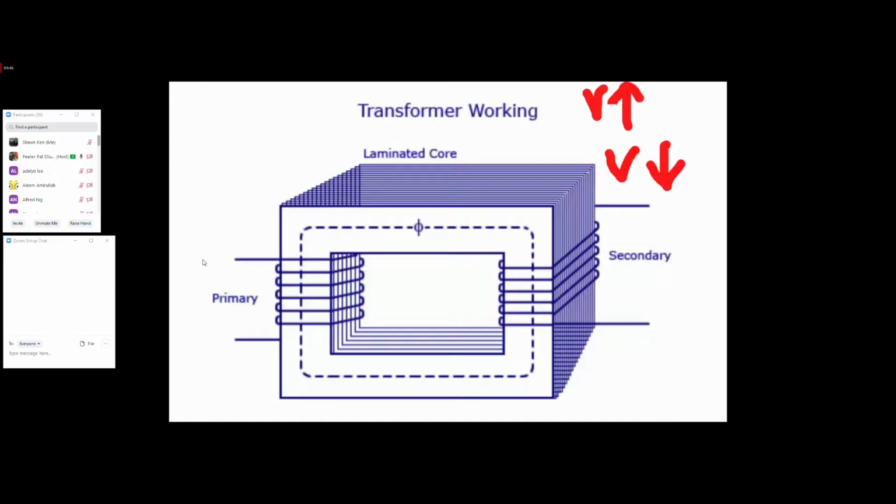A transformer works with electromagnetic induction.